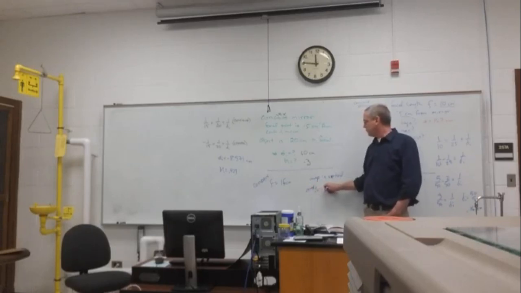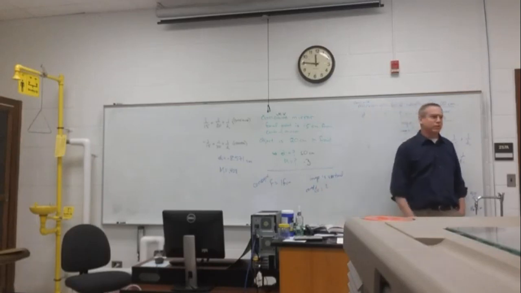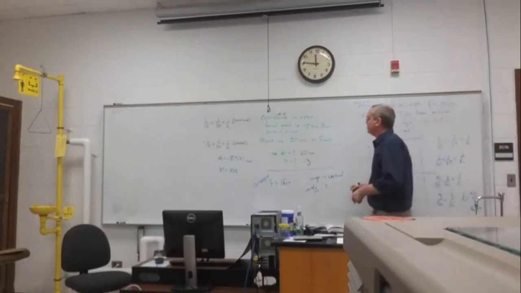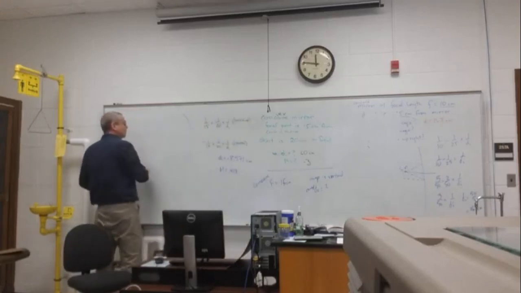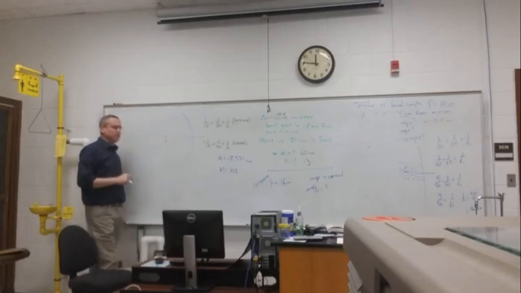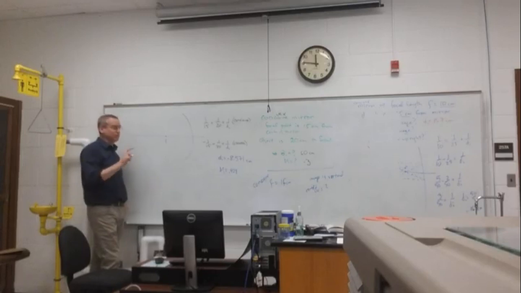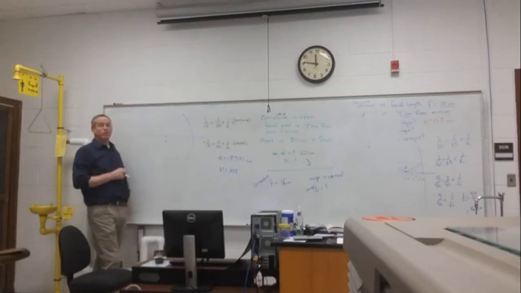What is the range of DO? In other words, I have a concave mirror. I have some focal length right here. Where does the image need to be so that we have a virtual? So where does the object need to be so we have a virtual image? It's basically a range of things. Behind the mirror, then it won't actually reflect. There'll be no image.